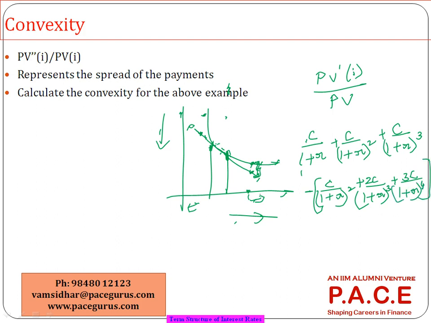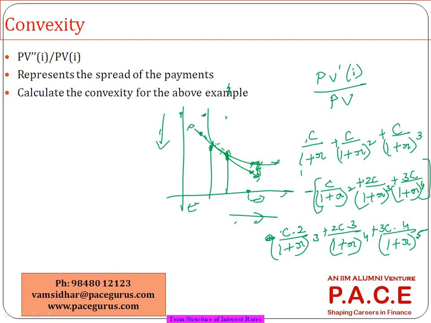Now the same logic, differentiate it once more, where again the minus will go off. Now C into 2 by 1 plus R cubed plus 2C into 3 by 1 plus R to the power 4 plus 3C into 4 by 1 plus R to the power 5. This is the PV double dash, the present value for the double differentiation of the price.